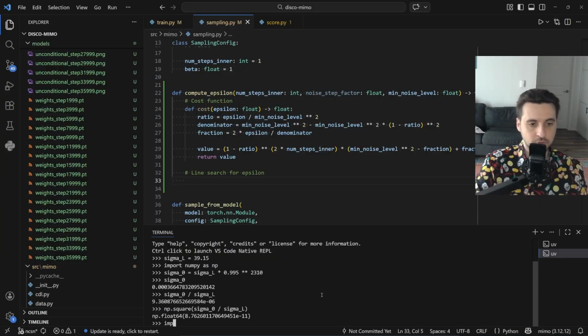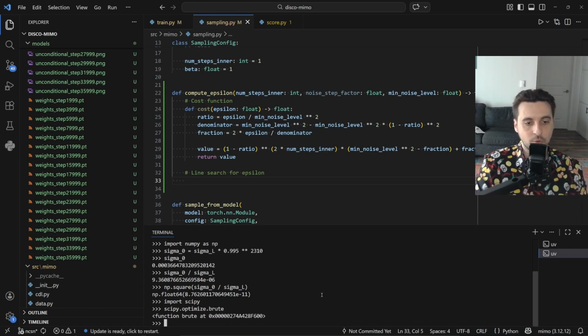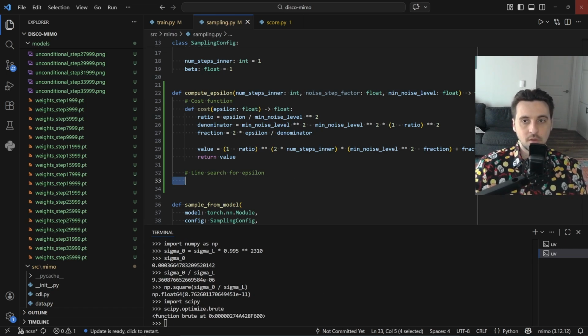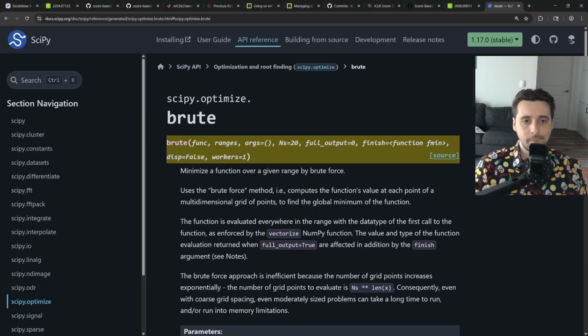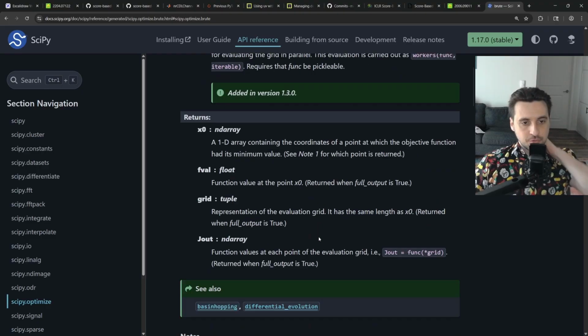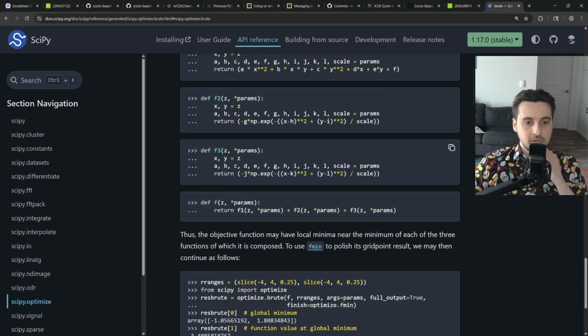So do I have import scipy? Yes. scipy.optimize.brute, okay, we have it. So then what does it give me? How do I call this? Okay, define f1, f3.